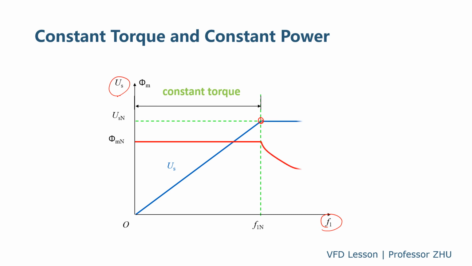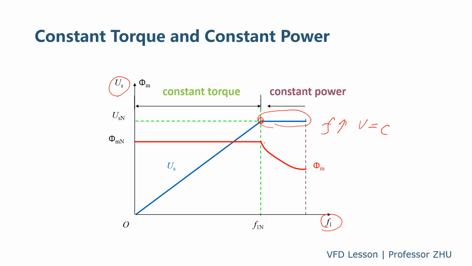If the frequency is higher than the rated, then you can increase the speed by increasing the frequency, but the voltage cannot be increased because of the motor design. Otherwise, the motor insulation will be damaged because of the higher voltage. So you increase the frequency, but the voltage stays the same in this area.